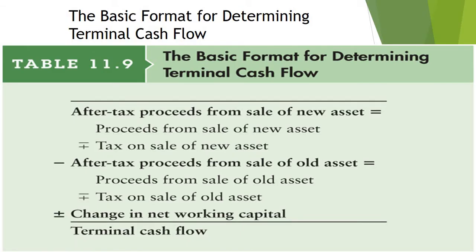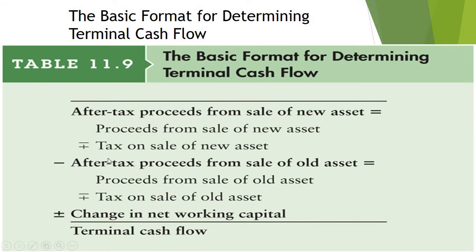So here is the basic format for determining terminal cash flow. First of all, after-tax proceeds from sale of new assets. Here you need to know proceeds from sale of new assets, then you have to plus or minus tax on sale of new assets.